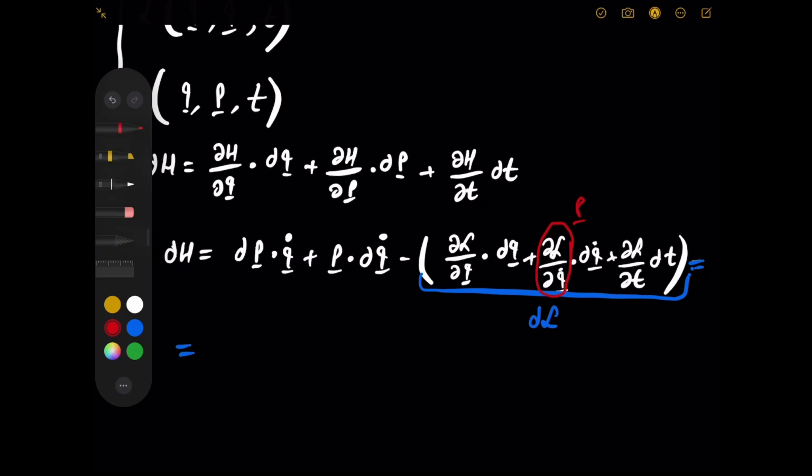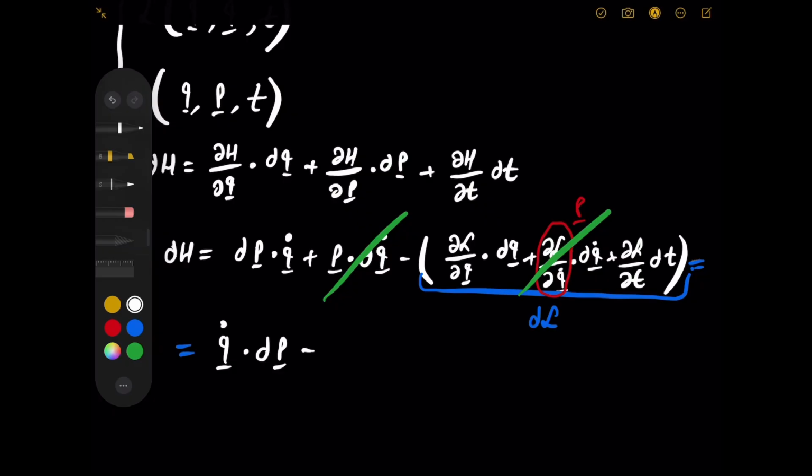But the nice thing is, you can notice we have this term twice with a minus sign. So this and this, they simplify, leaving us with Q dot dP. I've just changed the position of them because it's a dot product. You can swap, then it doesn't matter. Then a minus sign.